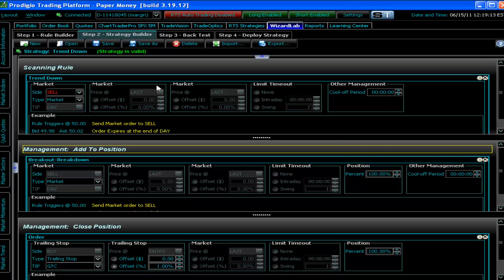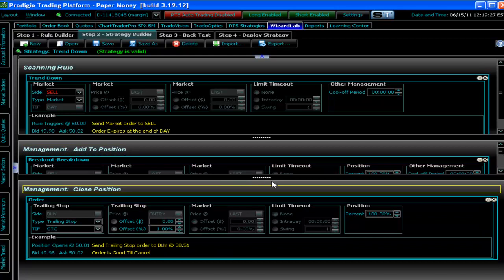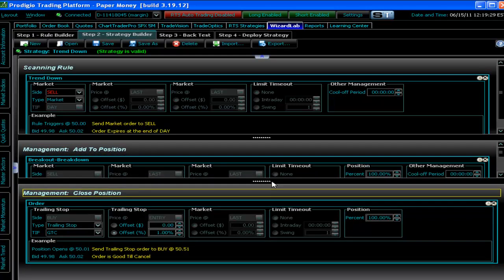And then when it starts to close, it transitions over into the exiting state. So what that means is these add to positions will work as long as you are still entering more and more into the position. As soon as one of these management close position rules fires, or the position is liquidated, it turns off this add to position.